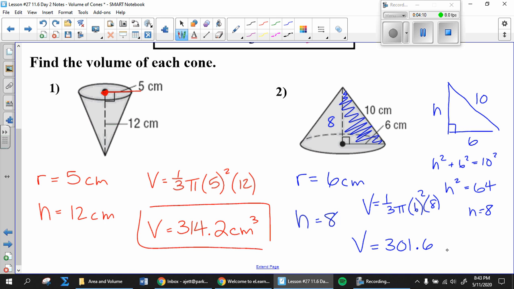Again, volume is centimeters cubed. So you're only looking for those two variables, radius and height. The only extra thing we might have to do is they might not give us the height, they might give us this thing called the slant height. And so we have to use the Pythagorean theorem to find that height.